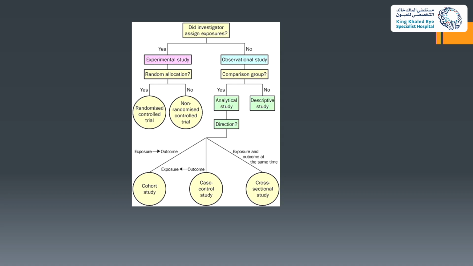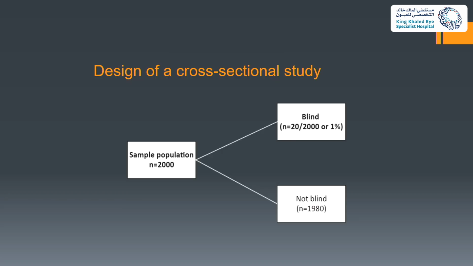And just because there's evidence of hierarchy does not mean that those studies are not important. So this is the design of a simple cross-sectional study. There is a population of a country, of which we have sampled 2,000 people.